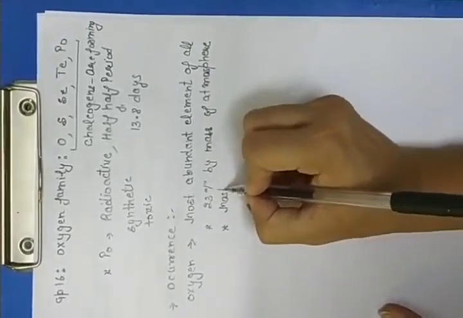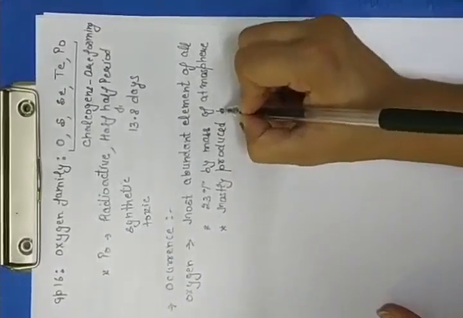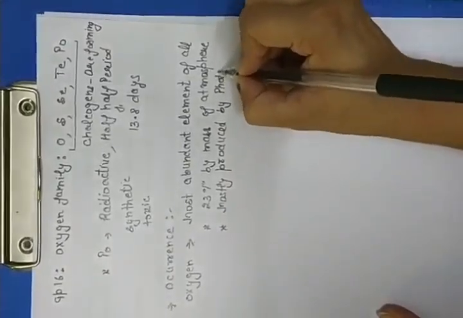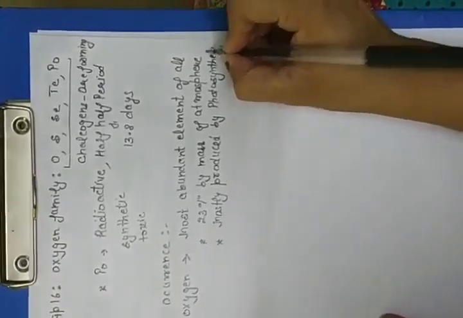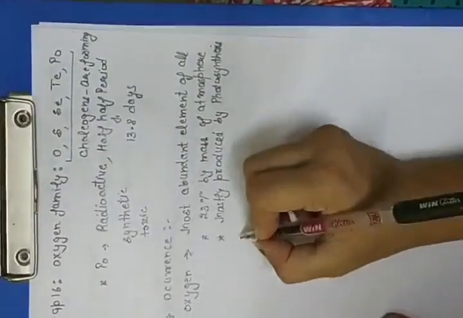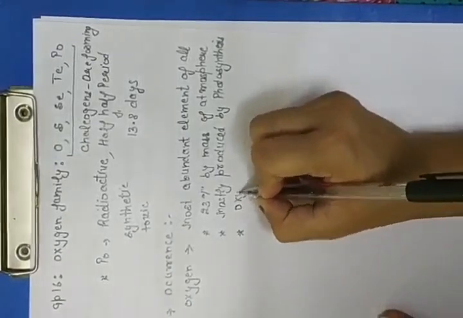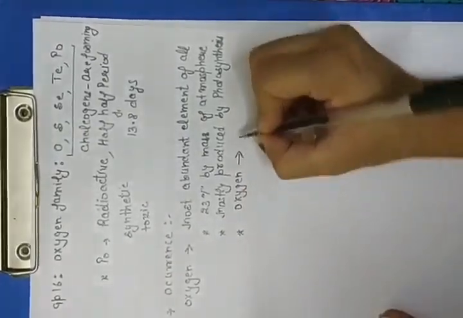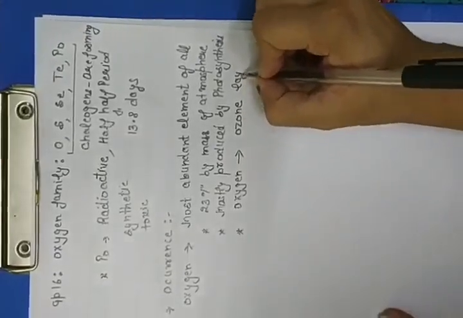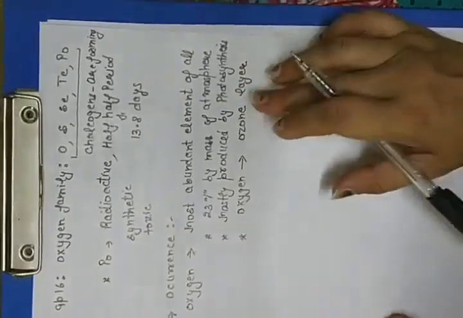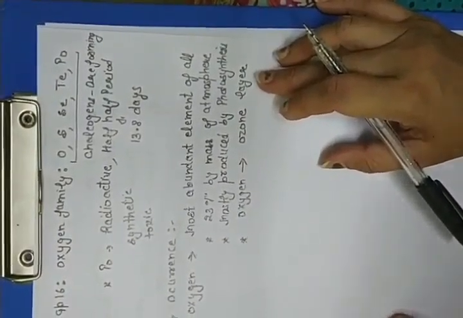It is mostly produced by photosynthesis, as you all know about the photosynthesis process. Oxygen is also present in the form of the ozone layer in the upper atmosphere, which protects us from ultraviolet radiations.